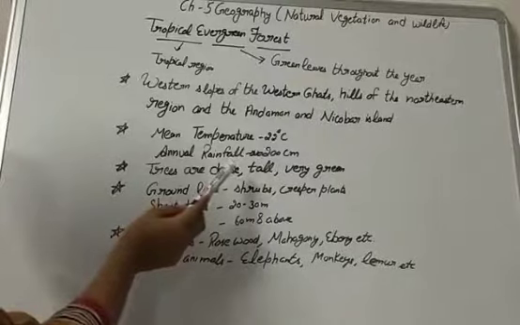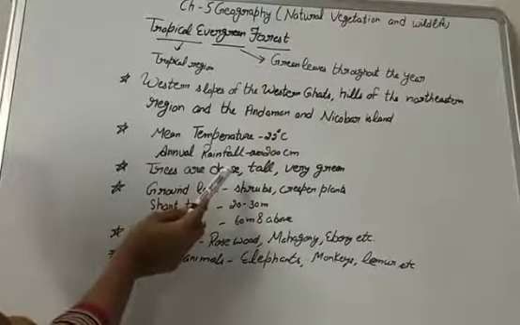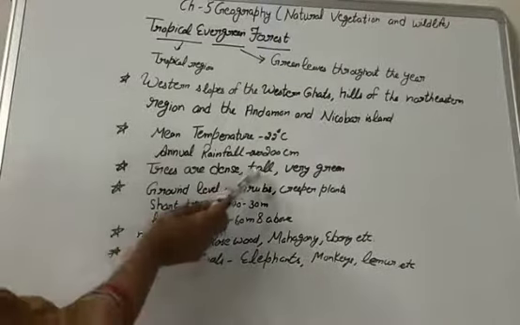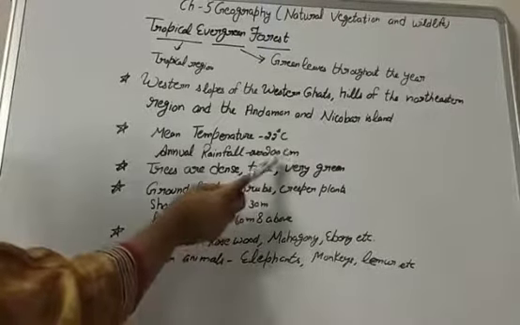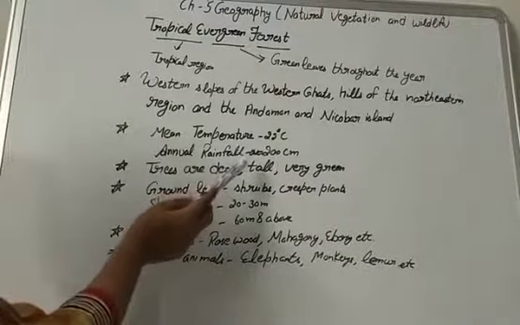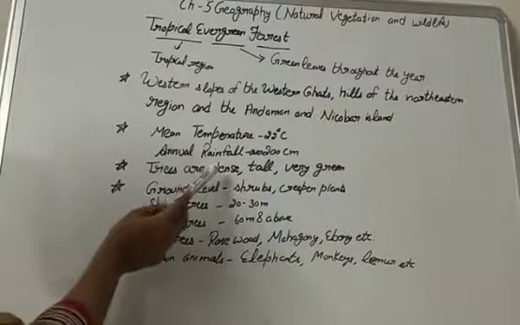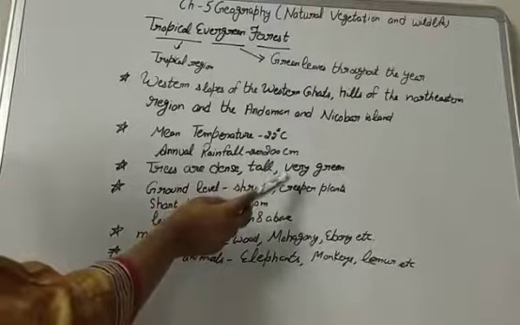So the tropical region is where high rainfall occurs and the annual precipitation is over 200 centimeters. More rain means the rate of forest growth also increases, and that's why the trees in the tropical regions are dense, tall and very green.